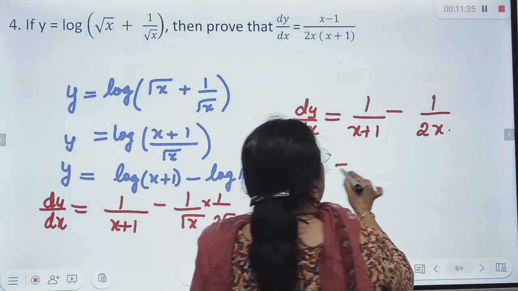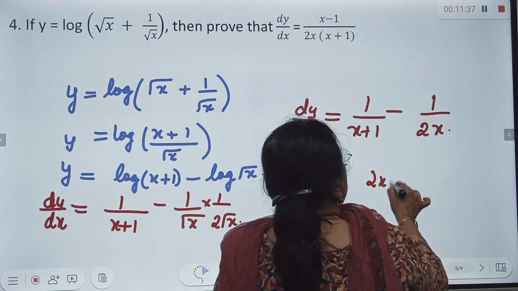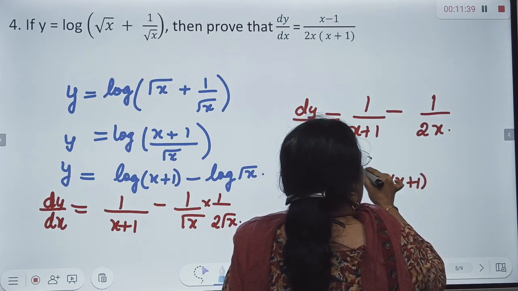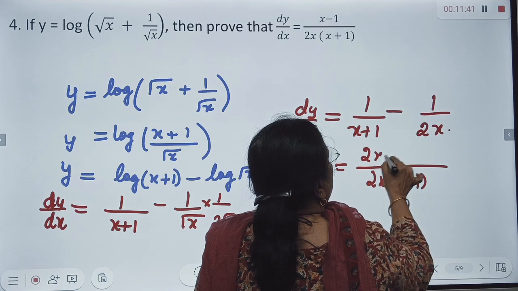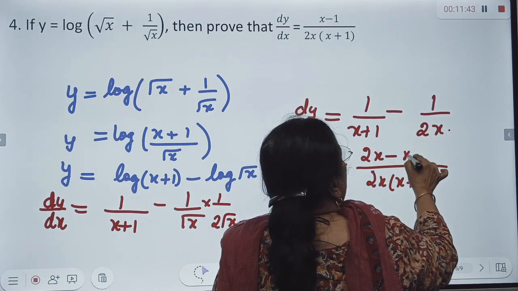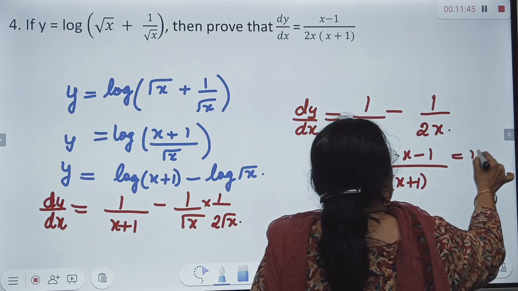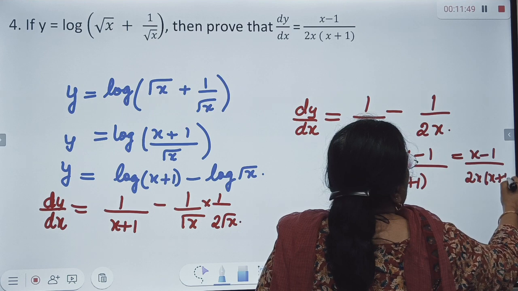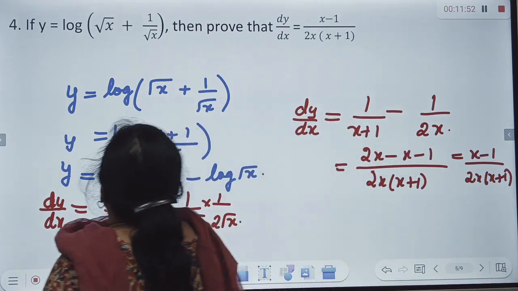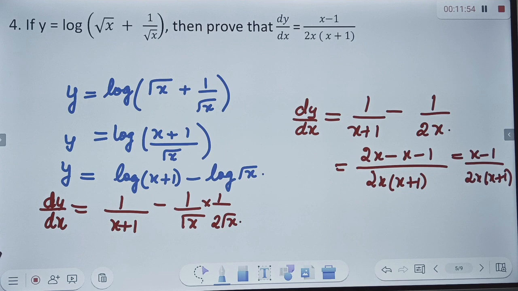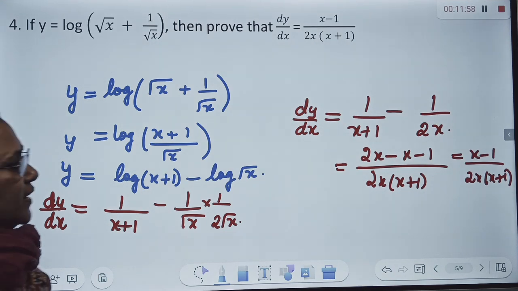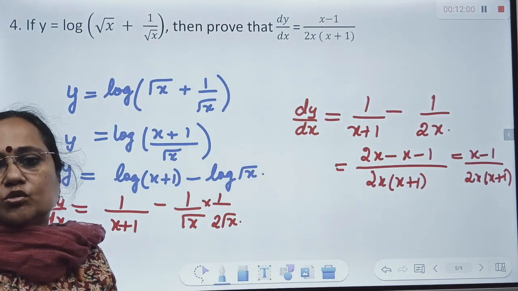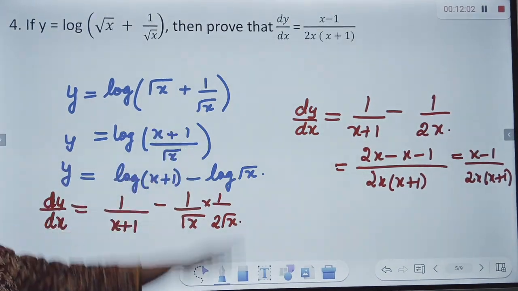So when I take LCM, I'll get 2x into x plus 1, 2x minus of x plus 1. So minus x minus 1. So x minus 1 by 2x into x plus 1. So if y equal to log of root x plus 1 by root x, we have dy by dx equal to x minus 1 by 2x into x plus 1, which is what we needed to prove.